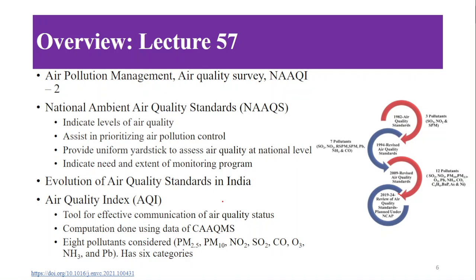The computation is done using the CAAQMS, as I had already discussed. Here, 8 pollutants are considered: PM 2.5, which has size less than or equal to 2.5 micrometer, PM 10, NO2, SO2, carbon monoxide, ozone, ammonia, and lead. It has 6 categories: good, satisfactory, moderate, poor, very poor, and severe.